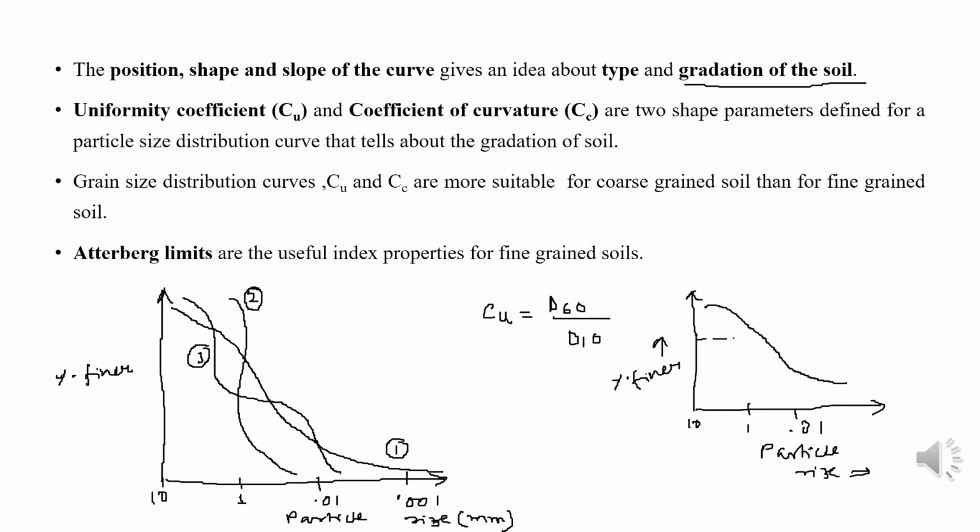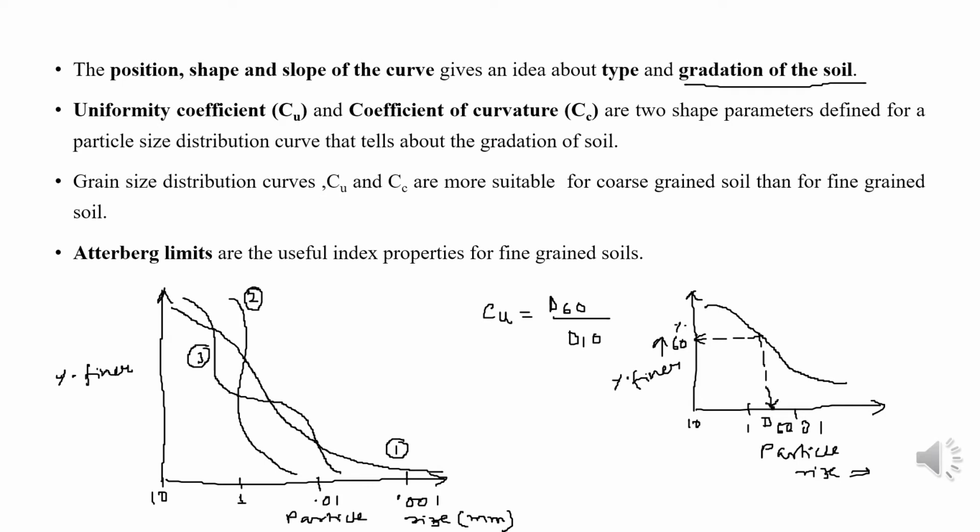So suppose on the graph in the y-axis this corresponds to 60% and we take the corresponding point on the x-axis. So the particle size corresponding to this 60% finer will be written as D60, that is, 60% of particles are finer.